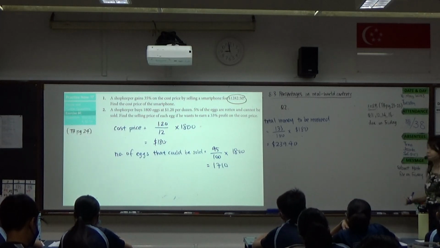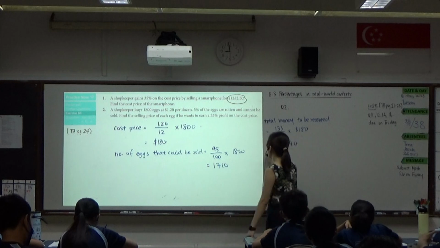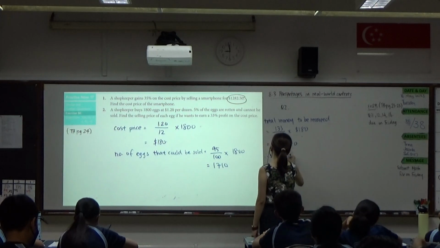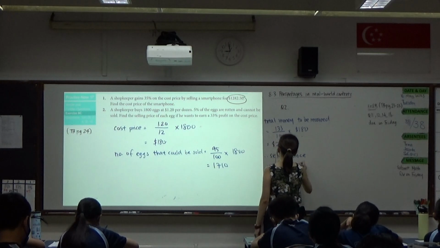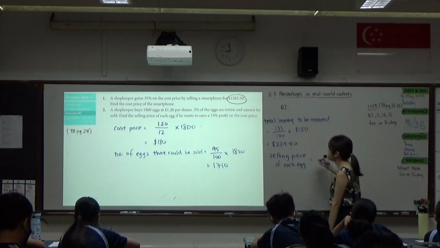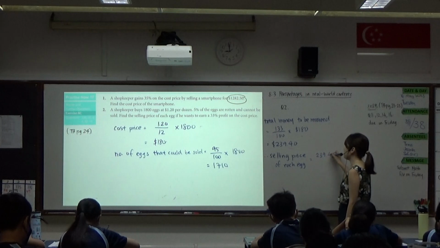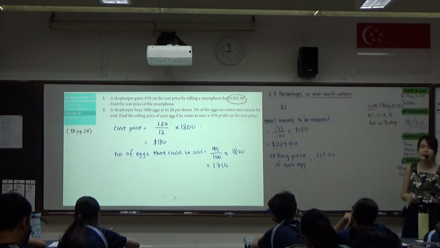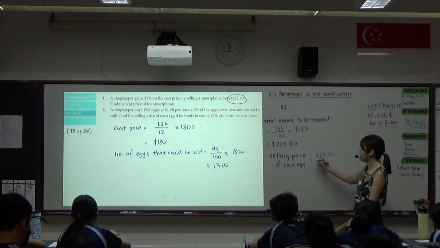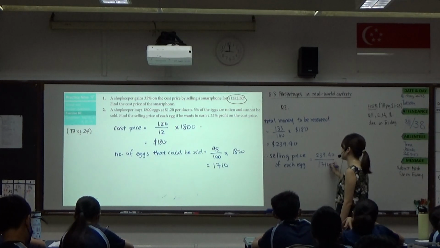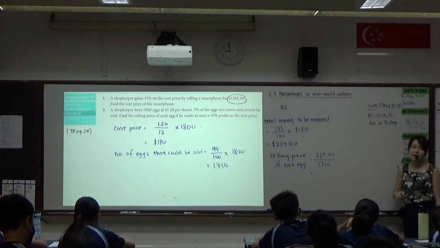So the selling price will have to be $239.40, because that's the amount of money that he wishes to receive. But he can only receive it when he sells 1,710 eggs instead of 1,800.